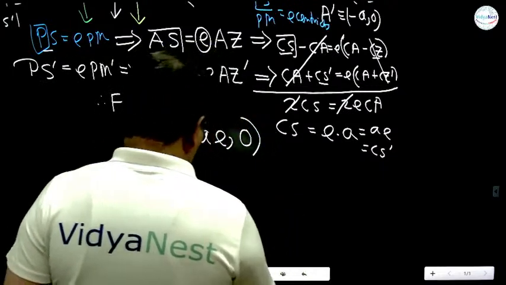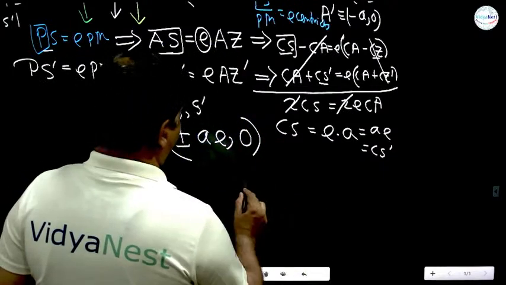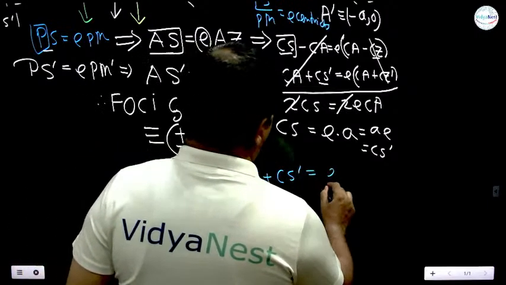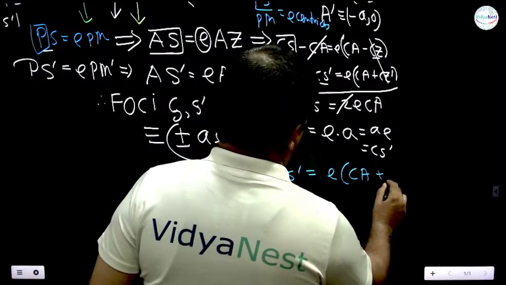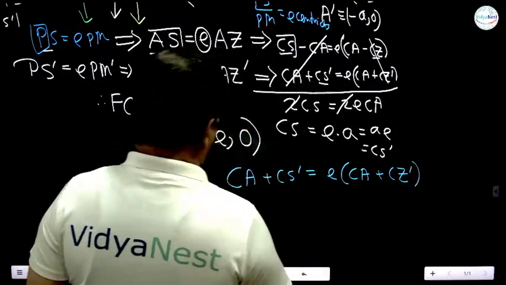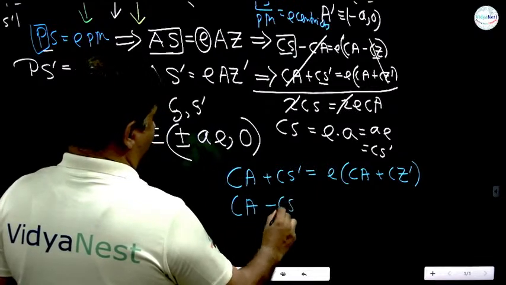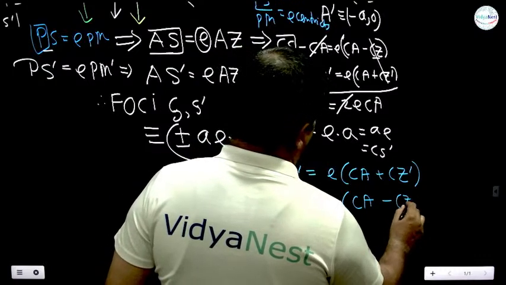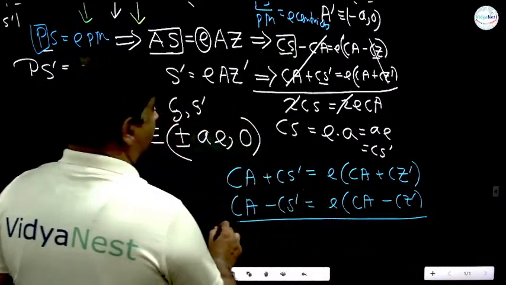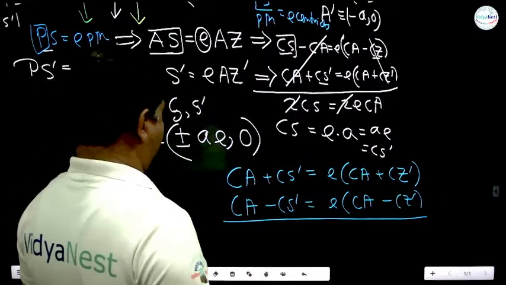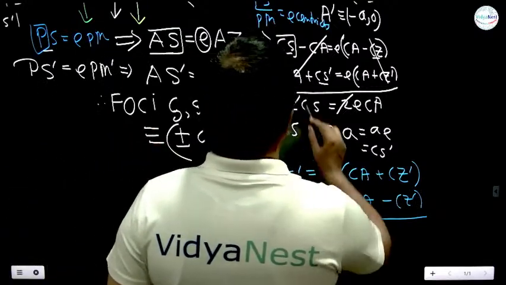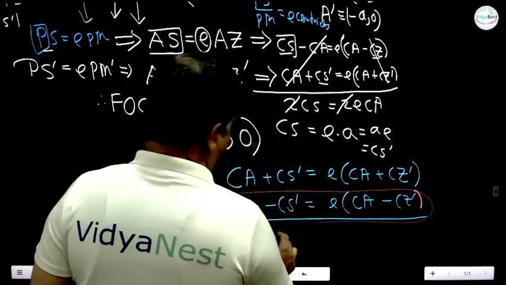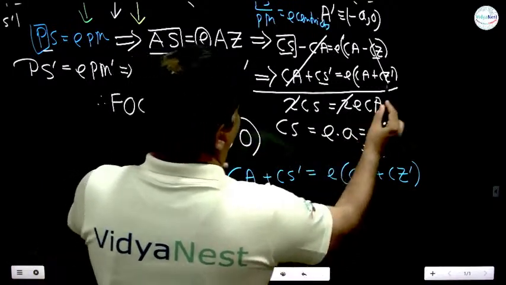See, you rewrite the equation. CS dash is CA plus CZ dash. CA minus CS dash is CA minus CZ dash. I have written this equation.